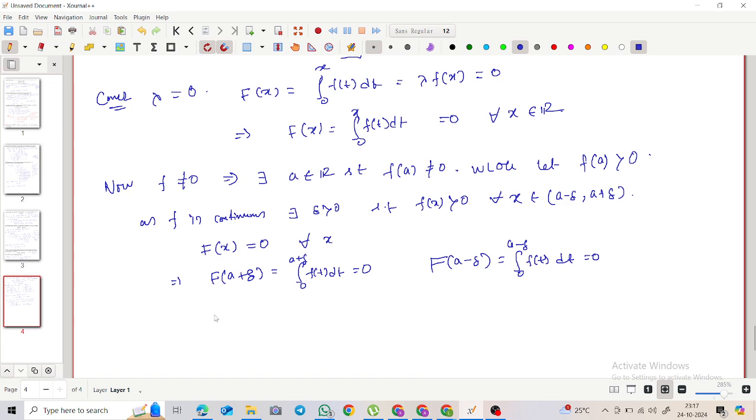But then the integral from a minus delta to a plus delta of f(t) dt equals F(a plus delta) minus F(a minus delta), which is 0.